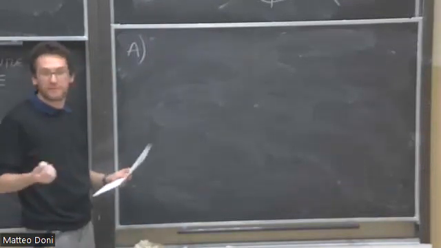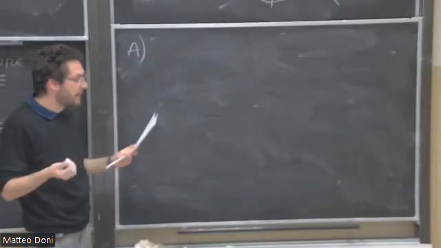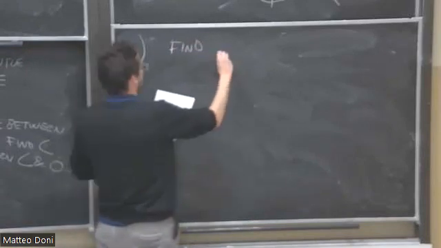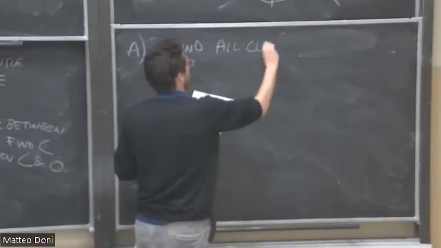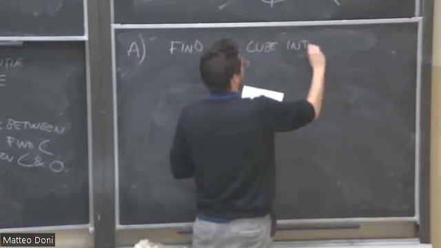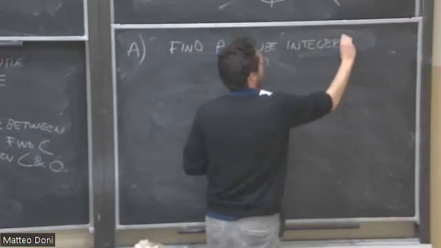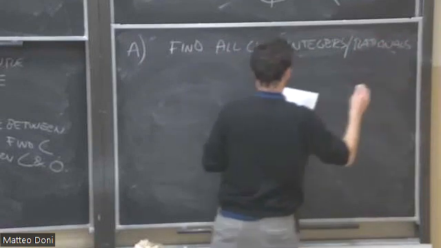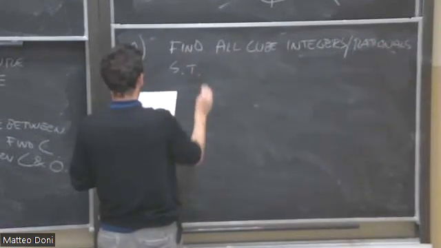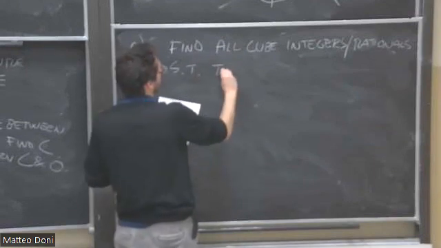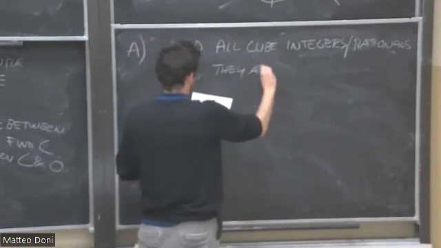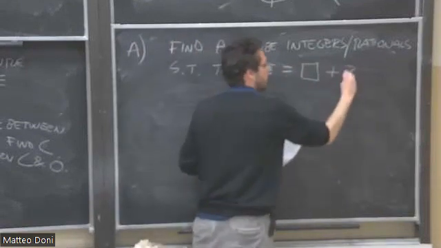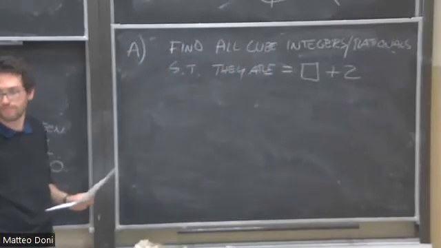The first example is really basic, in the sense that the problem is: find all cubes, integers and rationals, such that they are equal to a square, a rational, plus 2.